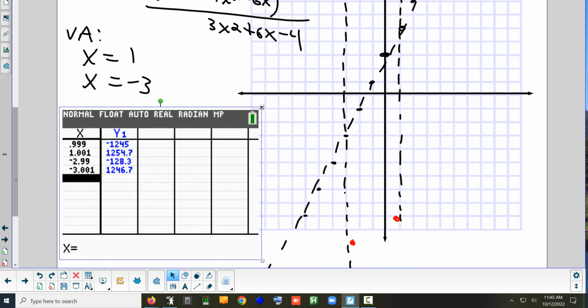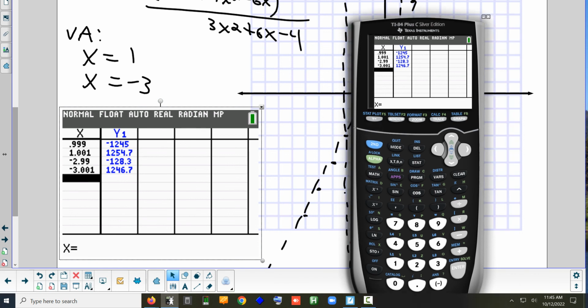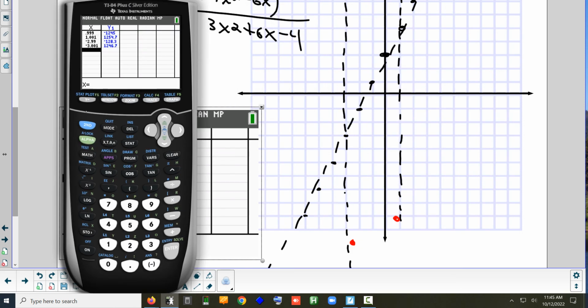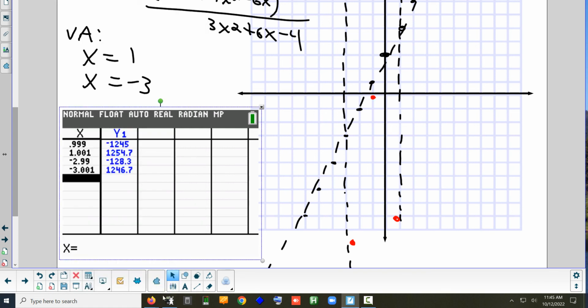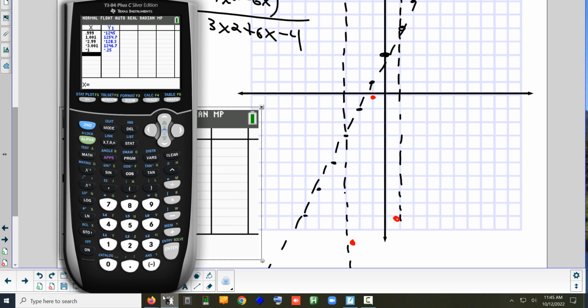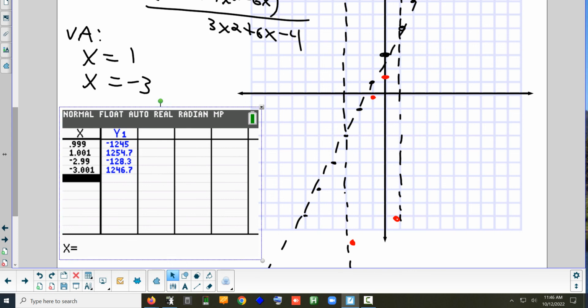Let's focus on the middle. What would be some good values to check? Negative 1 would be a good one. So we're at negative 1, negative 0.25. What would be another good one? 0, 1.3. Another good one?